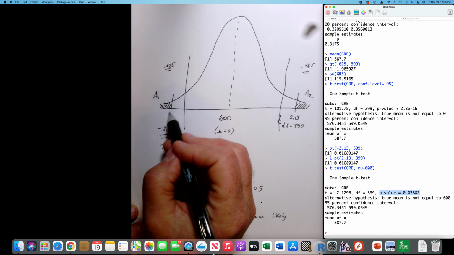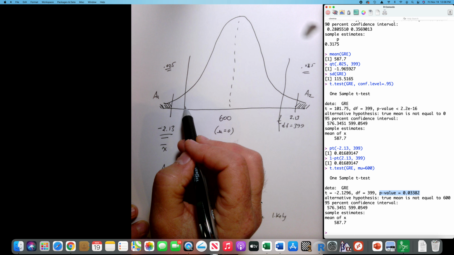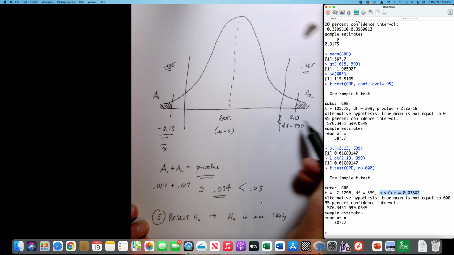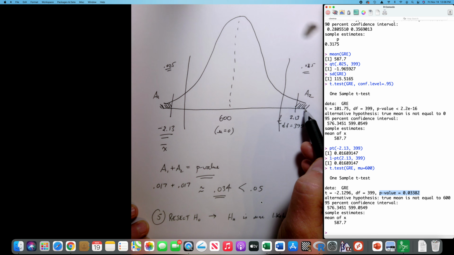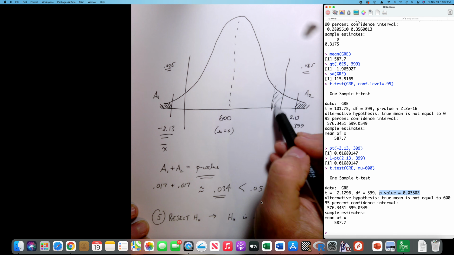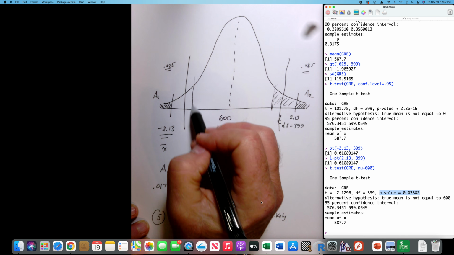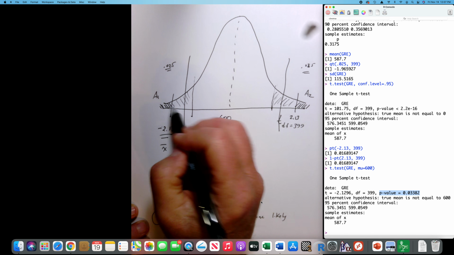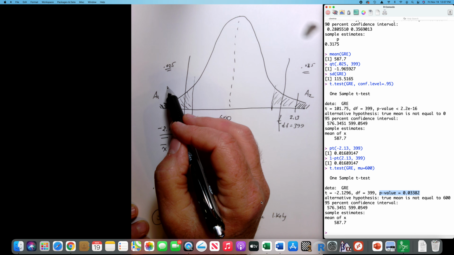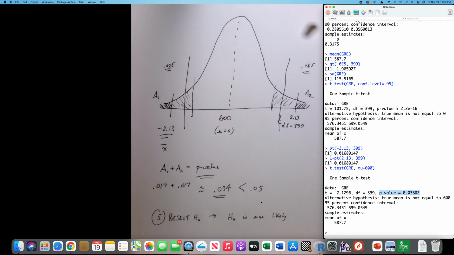If these values are to the left of this line, then this value plus this value has to be less than 0.05. If I get something over here, then obviously the shaded areas have to be bigger than the 0.025. That's kind of the approach we're going to use for the critical value. But I'll do that in the next video.